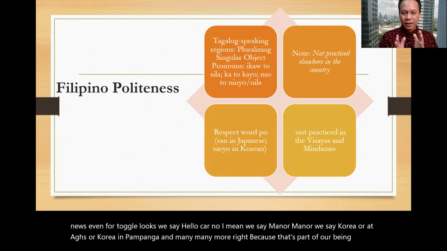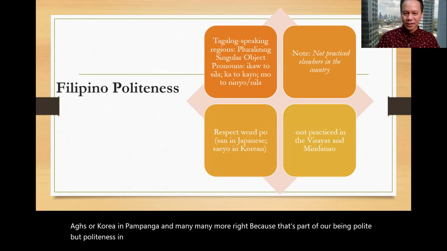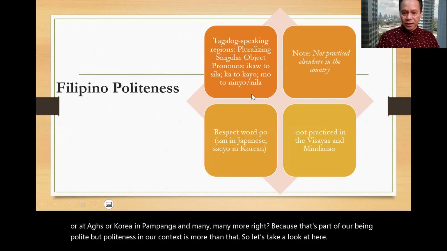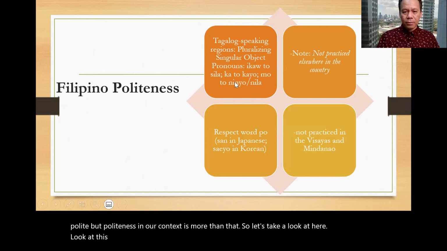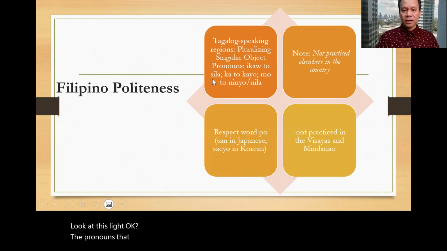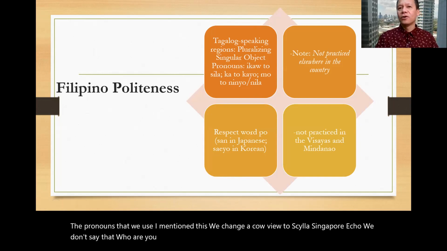But politeness in our context is more than that. So let's take a look here. Look at this slide. Okay. The pronouns that we use, I mentioned this. We change ikaw, you, to sila. Sino po ikaw? We don't say that. Who are you? No. We say, who are they? Literally, right?